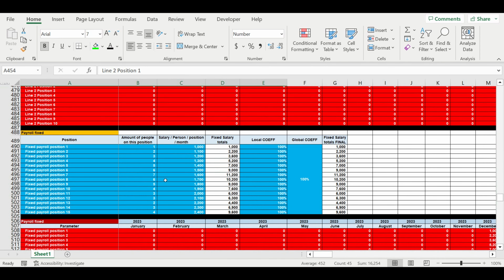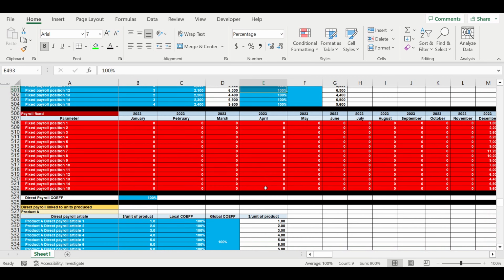Then we have fixed payroll, for example, office payroll, management payroll. So these are the names of positions, these are the amount of people on each position, this is the salary of 1 person on each position, coefficients, global and local for scenario play.